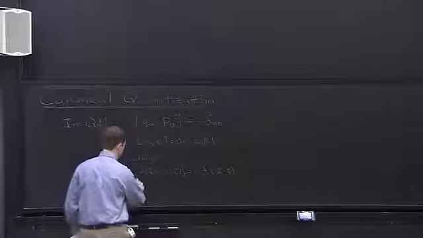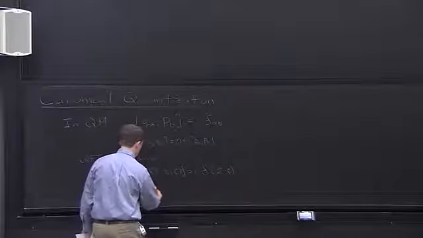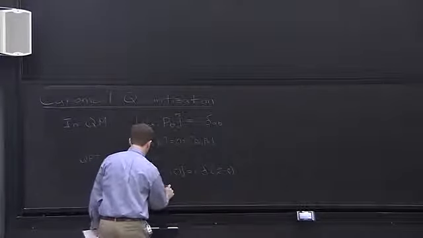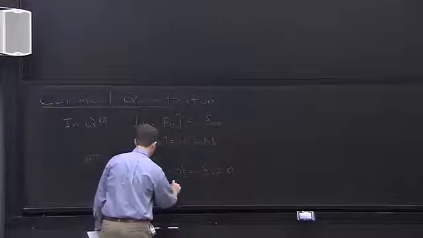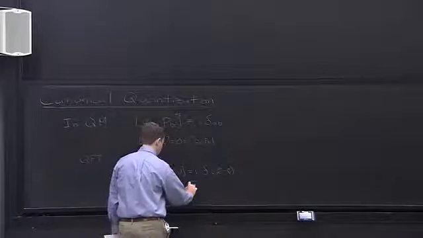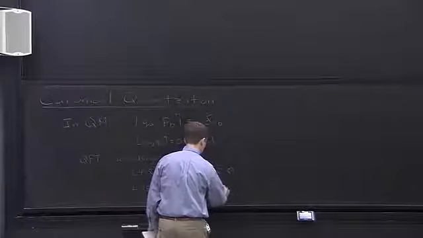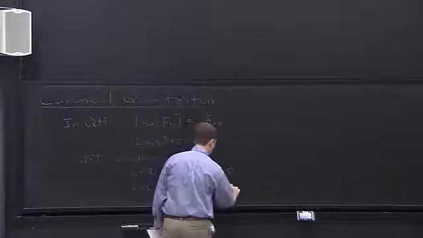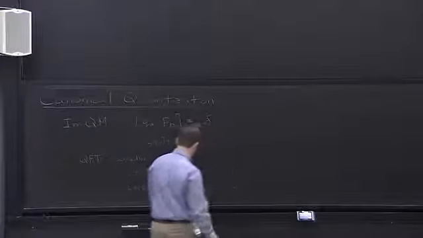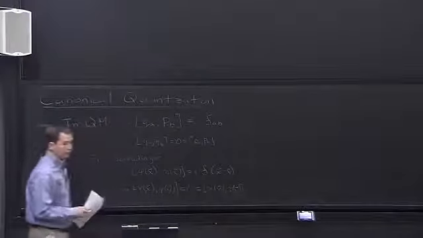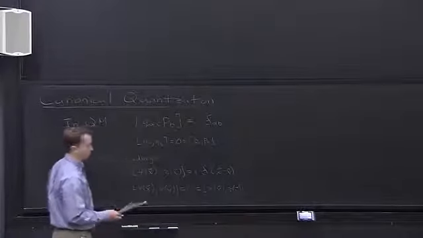And likewise, we want to impose the commutation relations that the field and its momenta commute with themselves. All right, so that's it. So we've quantized the theory. We'll see what this means later.